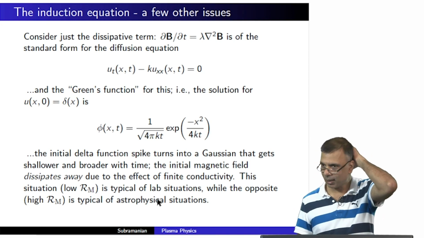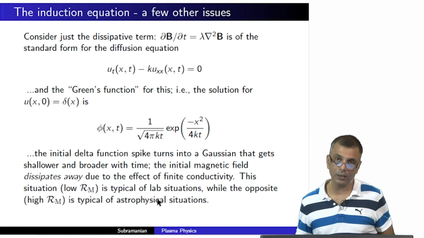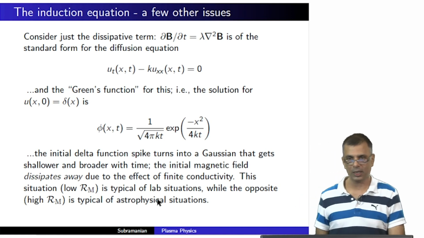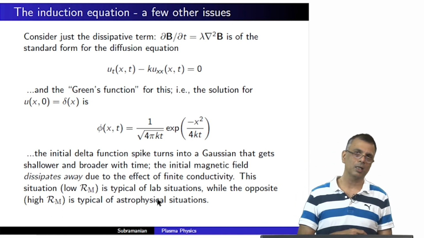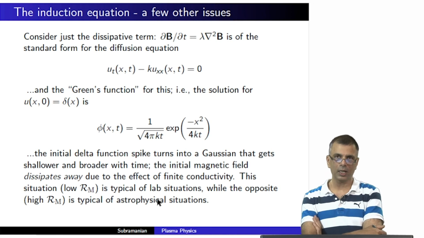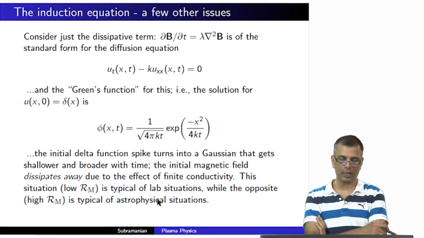And if you remember the several examples that we discussed regarding fluids in astrophysics, accretion, even shock propagation, supernovae, and so on, we were also mostly considering high fluid Reynolds numbers. And as we are saying here, the magnetic Reynolds numbers are also very, very high in astrophysical situations.